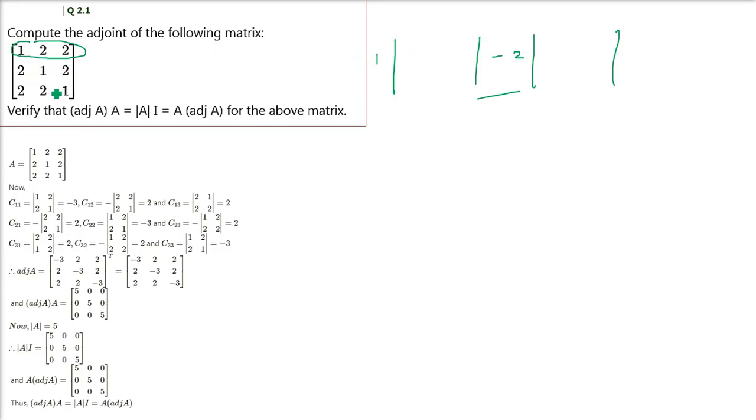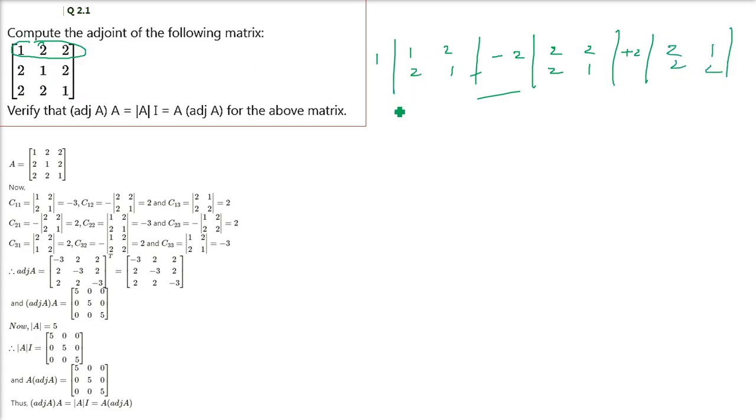That is 1 into C11 plus 2 into C12 plus 2 into C13. That you have to do. But I am just opening it in a normal way, first row, and I am writing the minors inside.